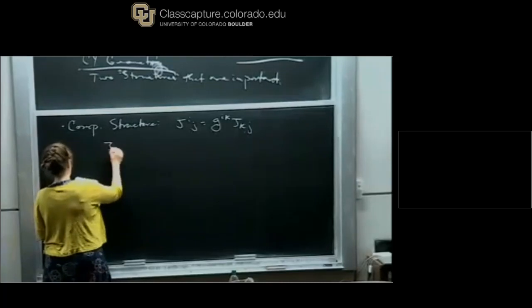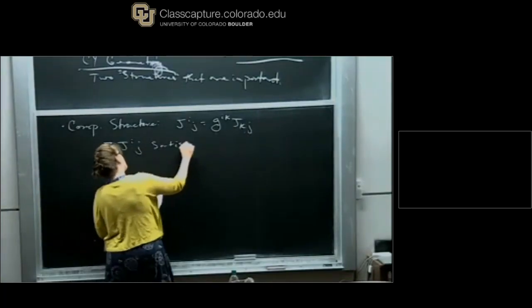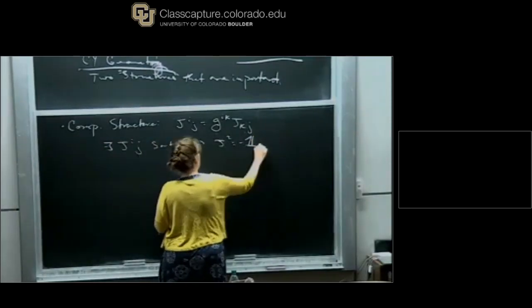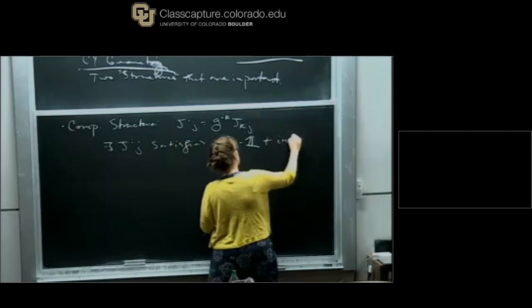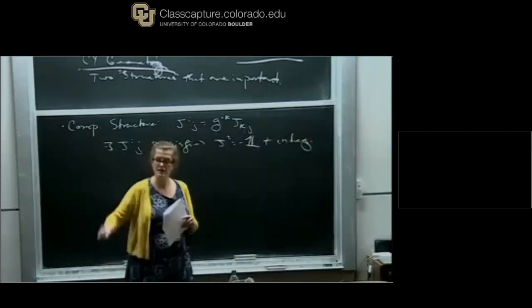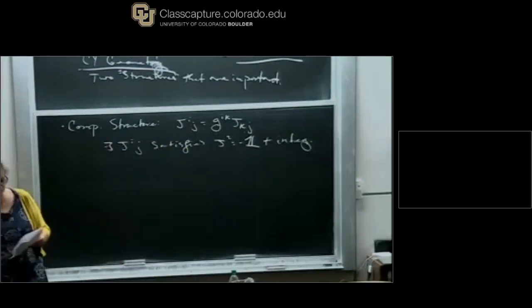And this Jij satisfies J squared is minus 1, plus so-called integrable. This is a global consistency condition that says patch to patch you have a notion of the number i on a compact manifold.